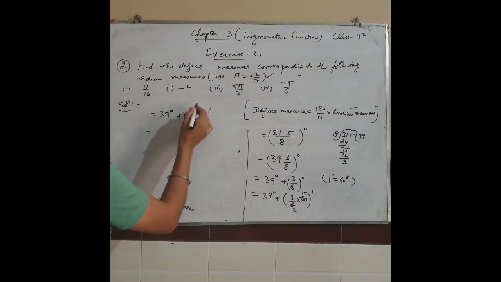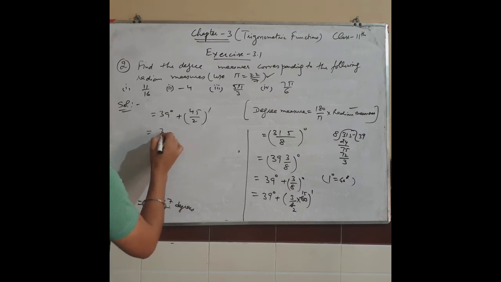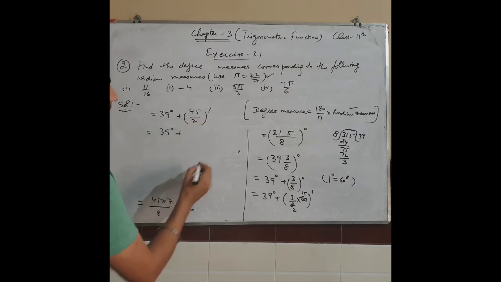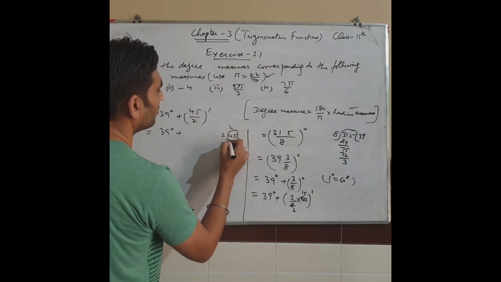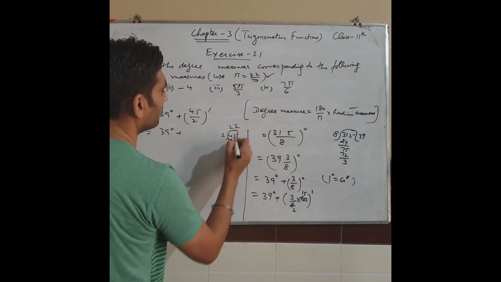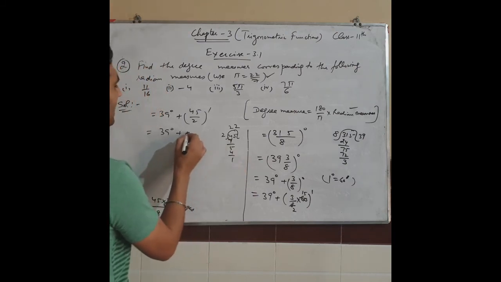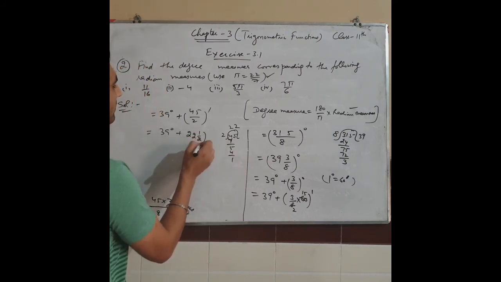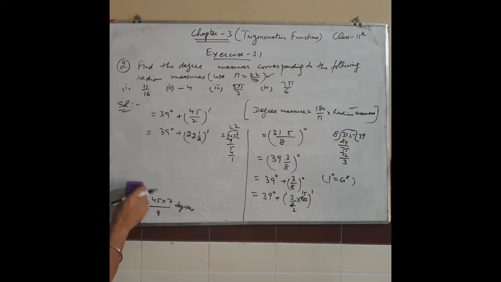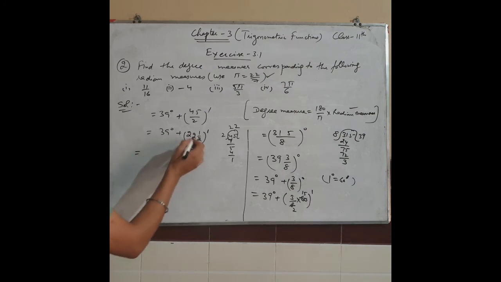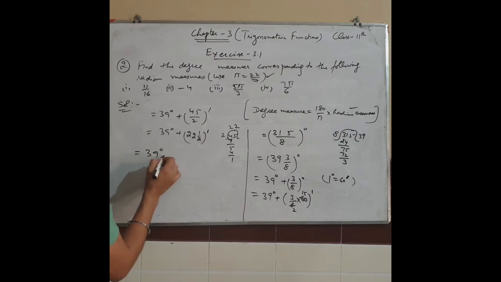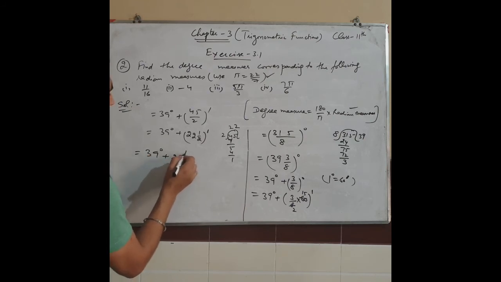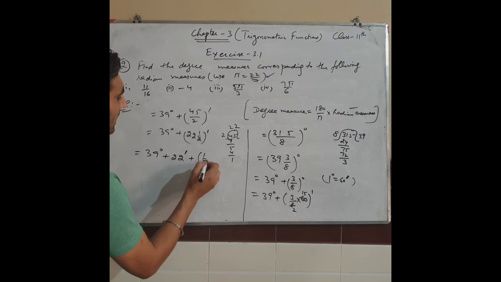Now divide this 45 over 2. 39 degrees plus 45, when you divide by 2, it will give 2 into 2, 4, 5, 2 into 2, 4, 1 left. So which can be written as 22, 1 by 2 minutes. Now further we can break this again into two parts, as you divided degrees into two parts. 39 degrees plus 22 minutes separate plus 1 over 2 minute.